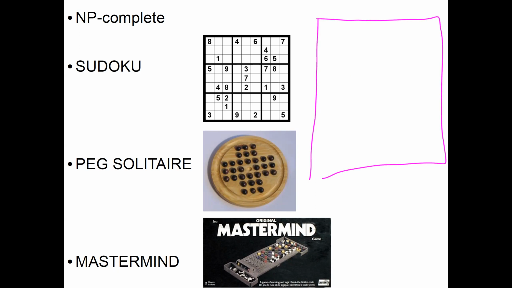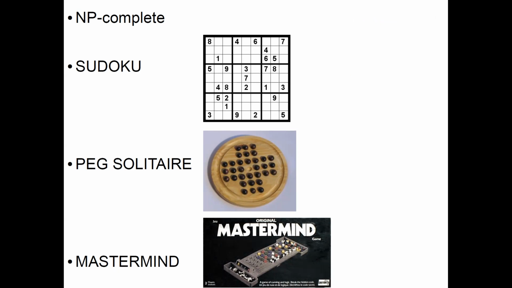Then, given a partial board, the question is, can you complete that board? This question is NP complete. So when you see someone on a bus doing a Sudoku puzzle, they are actually trying to solve 3SAT, trying to solve tricolor. All these things are equivalent.